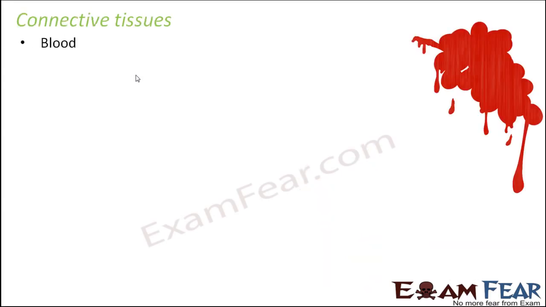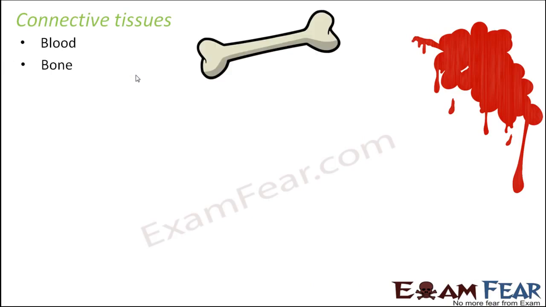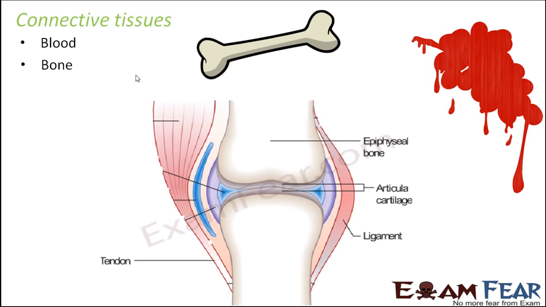So talking about connective tissues, what are the connective tissues which are present in an organism? Blood, bone, tendons. So what are tendons? We'll see it very soon. Inside our body we have so many things, right? We have bones, we have muscles. So tendon is something which connects a bone to a muscle.